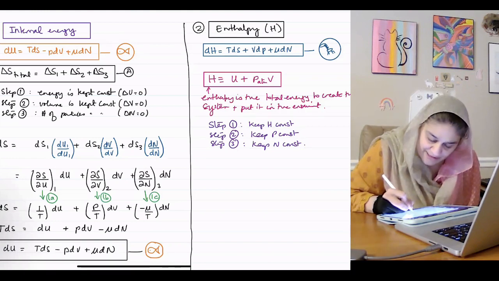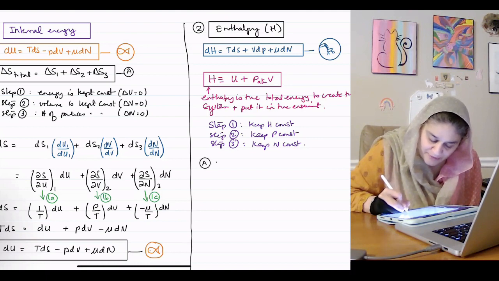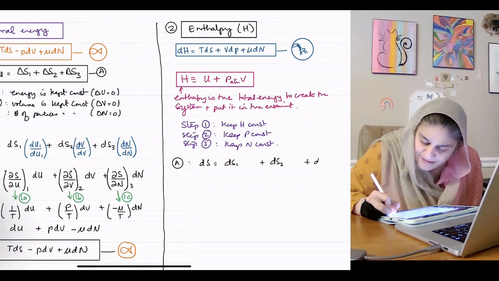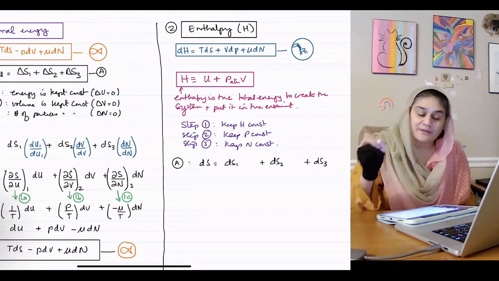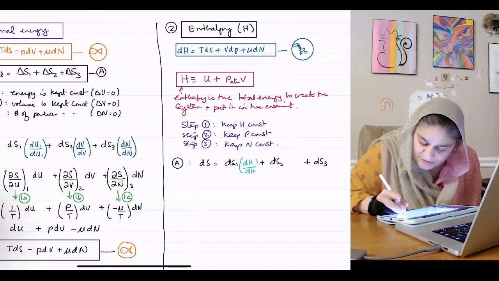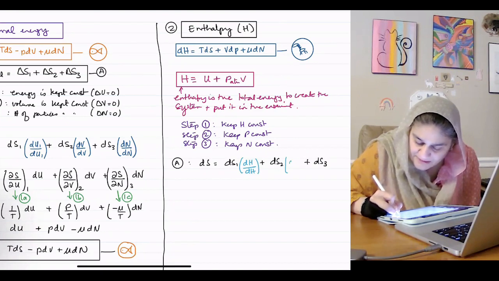So equation A will now be written as dS equals dS1 plus dS2 plus dS3. So in this case, I can multiply this side with dH and dP and dN.